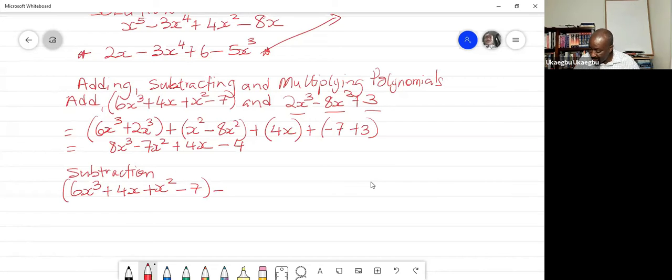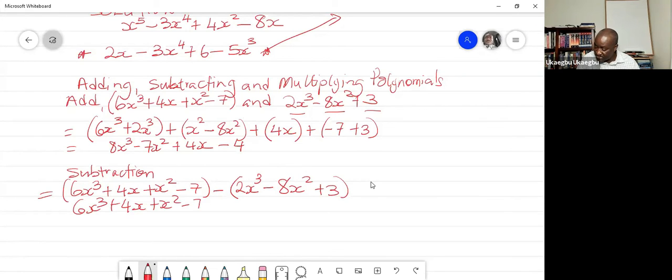Then you put your negative, open a parenthesis, and write the whole thing: 2x raised to power 3 minus 8x raised to power 2 plus 3. So now you have set it up. Now you open your parentheses. If we open the first one, we get the same set of terms: 6x cubed plus 4x plus x squared minus 7.